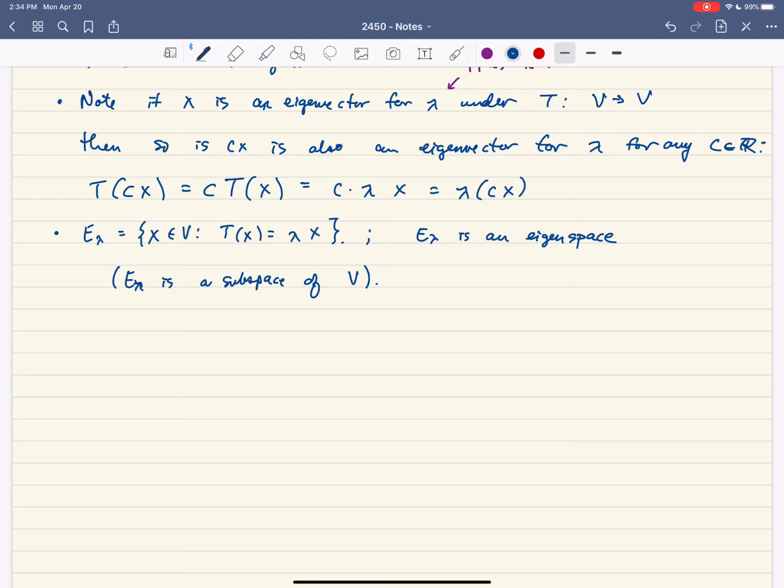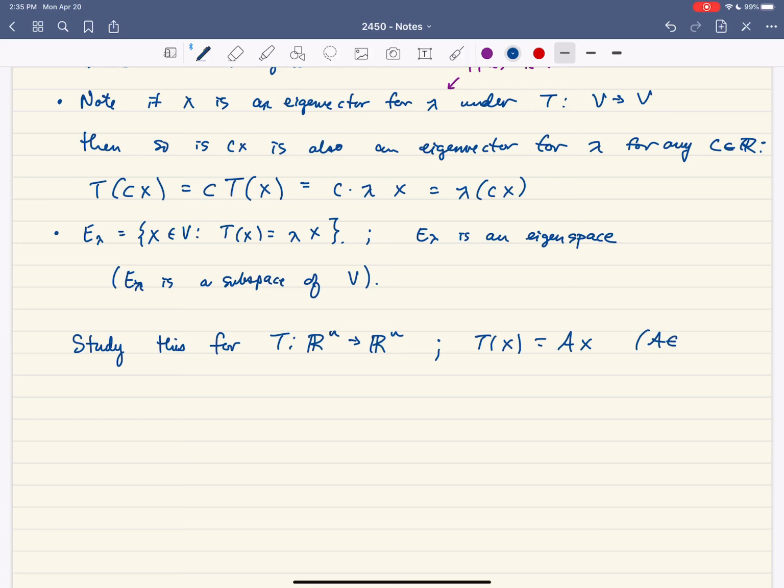So what we're going to do next is focus on a specific linear transformation, the transformation from Rn to Rn given by T of x is Ax.